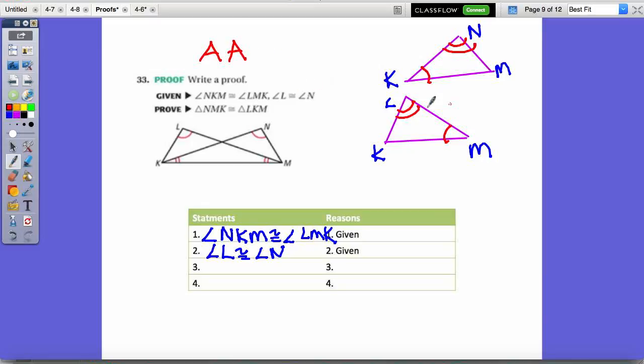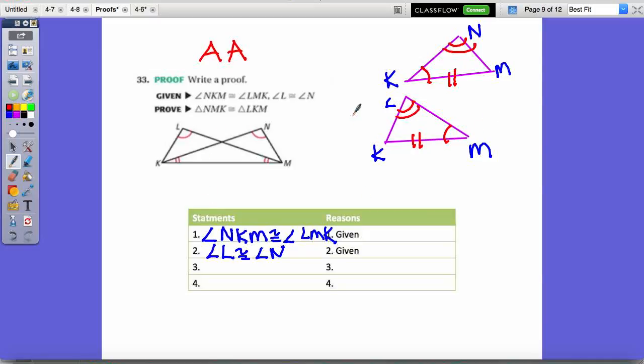If I can prove LM is congruent to NK, I would have angle, side, angle. But when I look here, I don't have that, but I can see that there are two side lengths that both have the endpoints KM. So those are congruent. Now when I write it, is it KM congruent to KM?